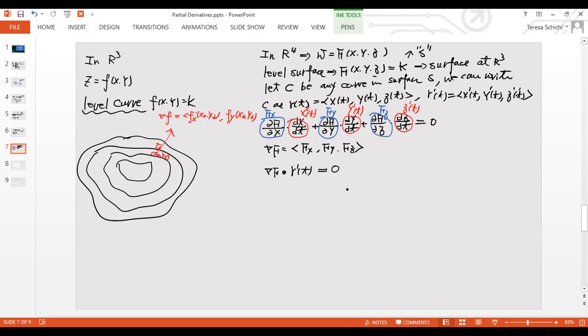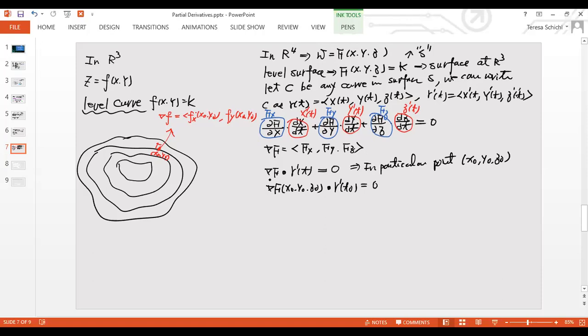So now at any particular point (x0, y0, z0), we know del F(x0, y0, z0) dot r prime(t0) is equal to 0.